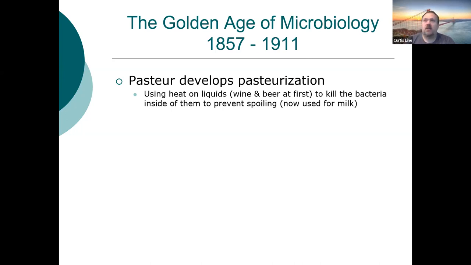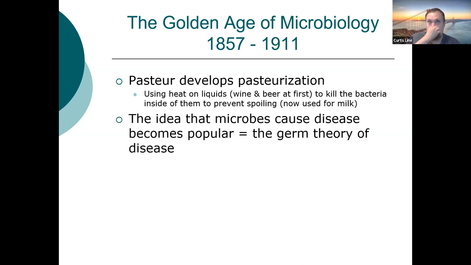And even if you kept it cold, even through the invention of refrigeration, you still need the pasteurization, because putting something in the fridge is only going to slow the bacteria down. But heating it up first will kill the bacteria. So you milk the cow, you heat up the milk, then you put it in an airtight container, and then you put that container in the fridge, right? Then your milk will last for a week instead of an hour. So yeah, it revolutionized milk as they knew it then.